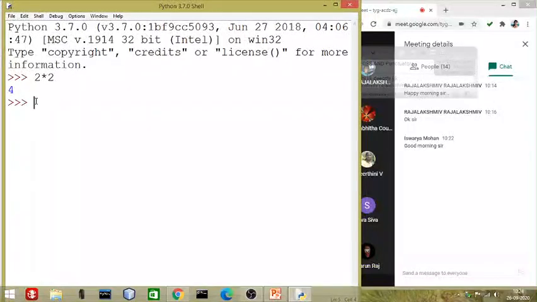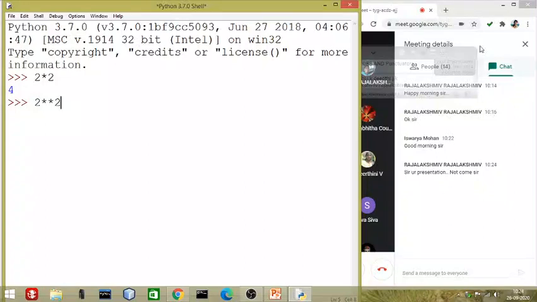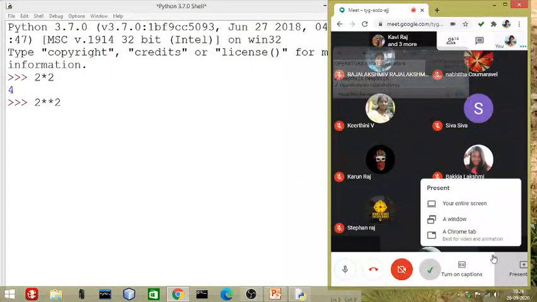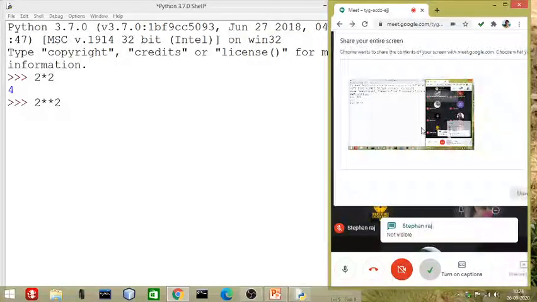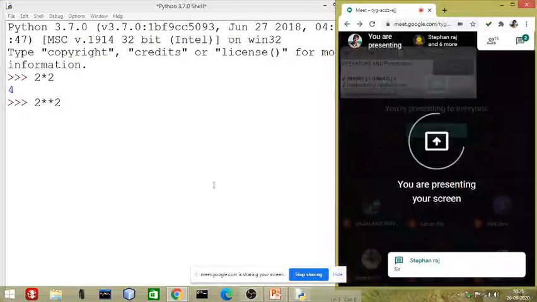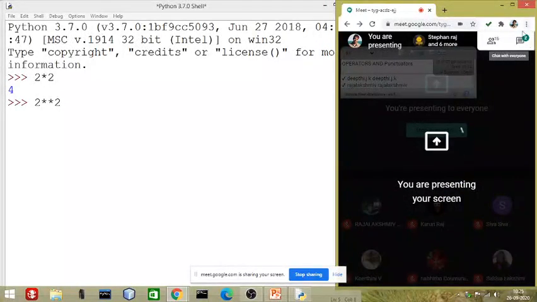Now it is visible to everybody. 2 multiplied by 2 is equal to 4.